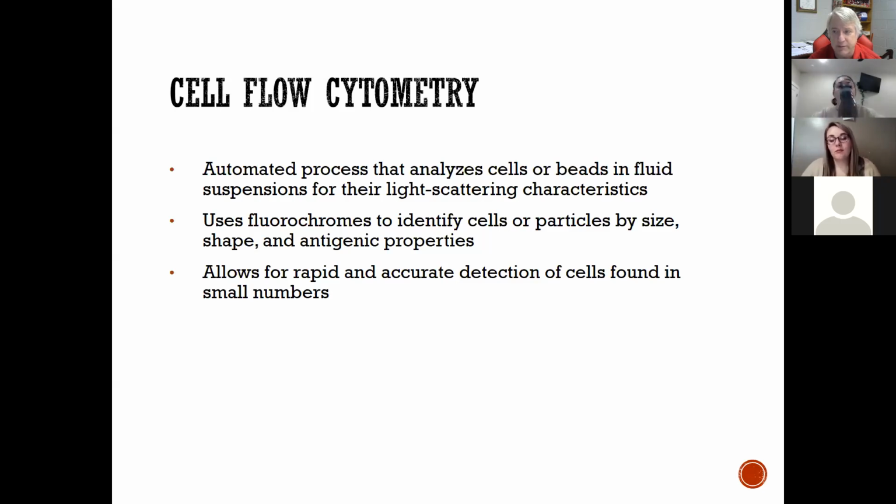What it does is it mixes with your blood, and it will dye the cells so that when they go through the counter, they drop through one by one, so that they can be counted, okay? So it allows for particle size, shape, and antigen properties, and that's where we use it for flow cell.